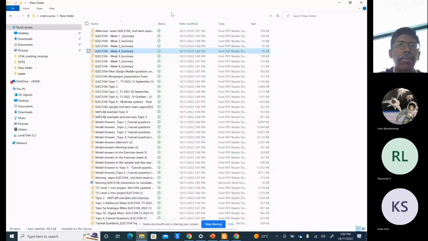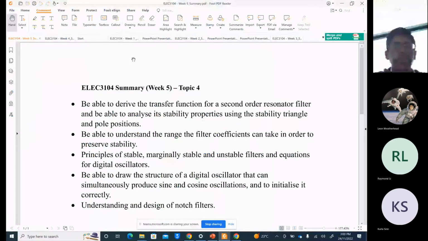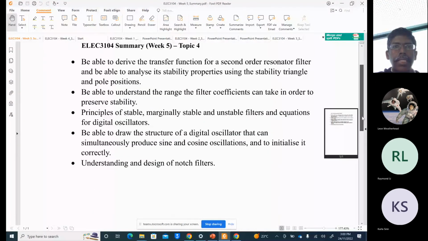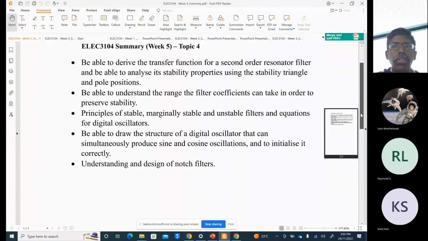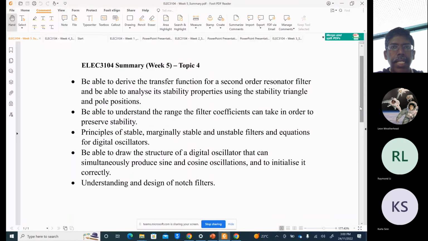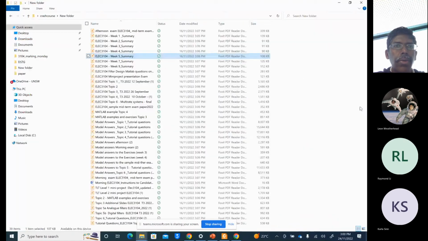Summary sheet 5, whether we missed anything. Notch filter. Yeah, the resonators, notch filters. That section we missed. Oscillators. I think we quickly go through that one.